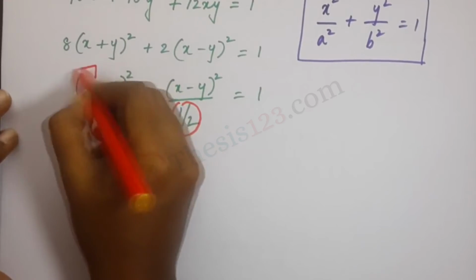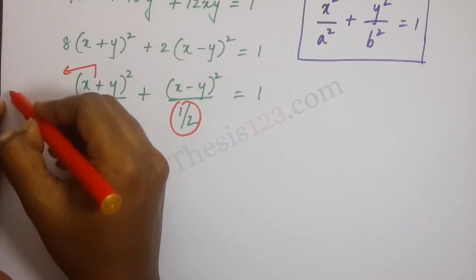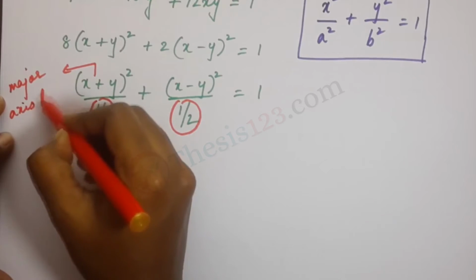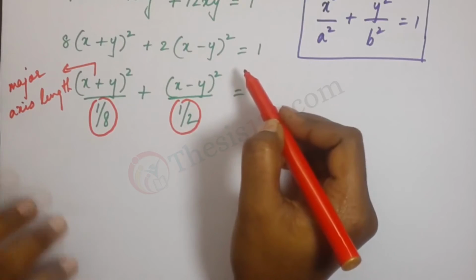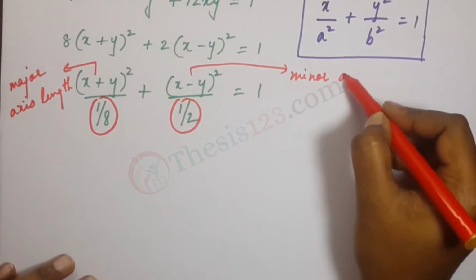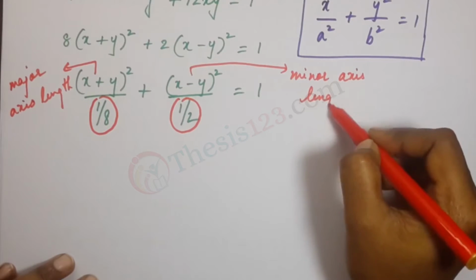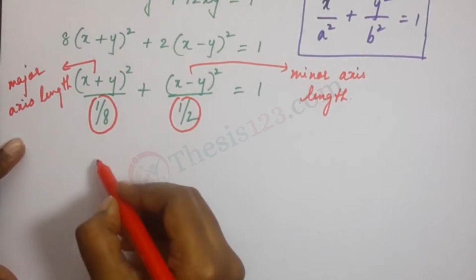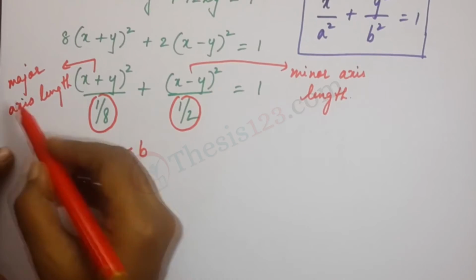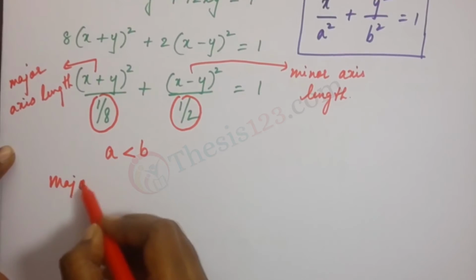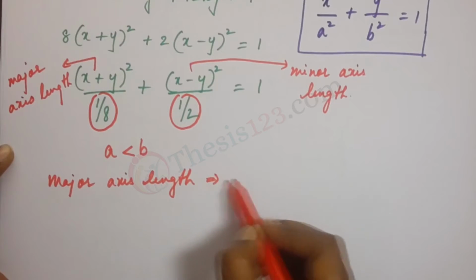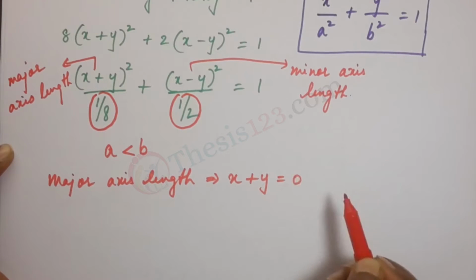And the numerator, the first part, corresponds to the major axis length, and the second corresponds to the minor axis length. Okay, so here we have A is less than B, 1/8 is less than 1/2. So the major axis length is x + y = 0.